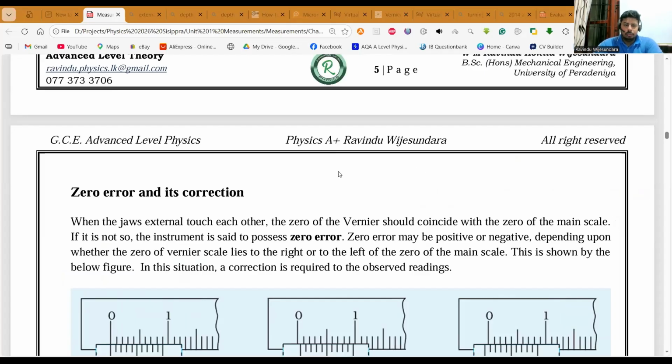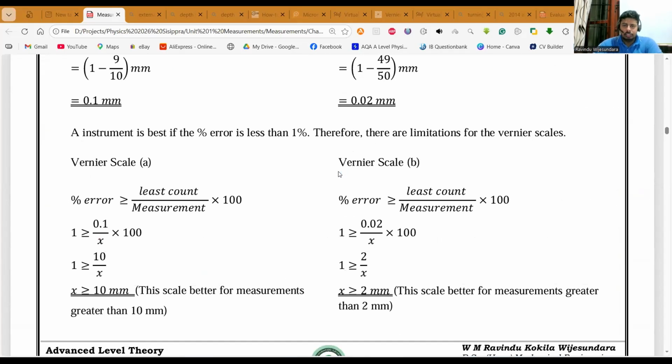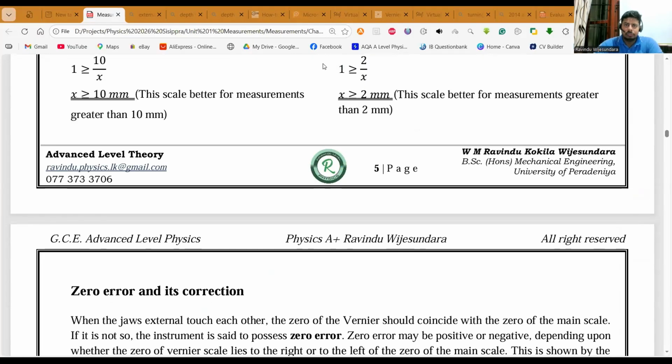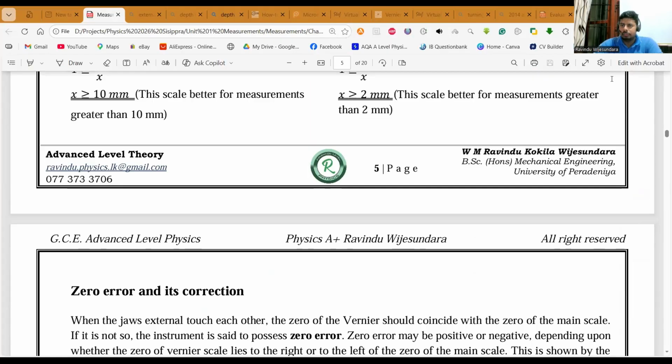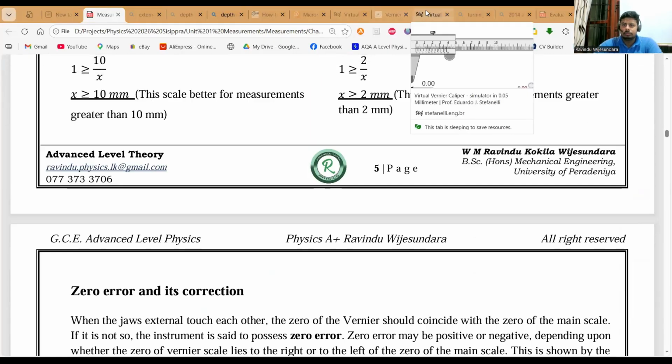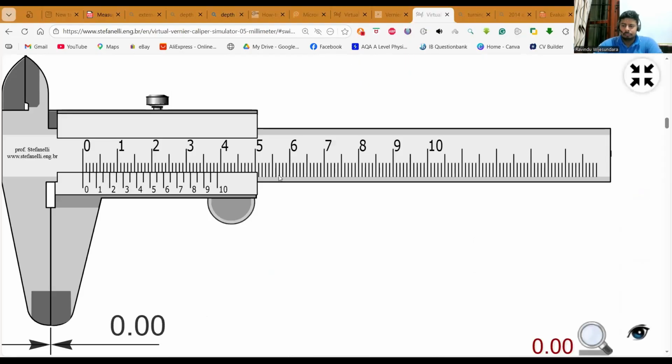Okay. Now, as I mentioned earlier, when the vernier caliper is very correct, for example, let me go back to that one. Here you can clearly see that if the vernier caliper is correct, the zeroth division of the main scale and the zeroth of the vernier scale are coinciding.